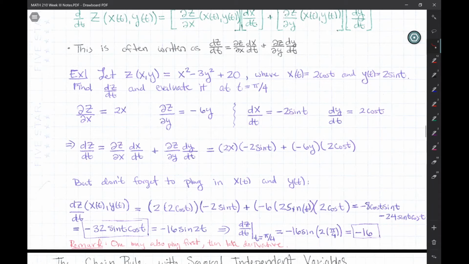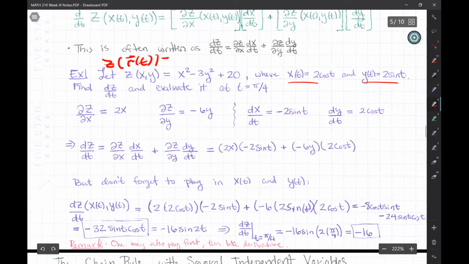Now, this remark down here is telling you that we could have done this problem a different way. Instead, we could have plugged in the path. So we could have just plugged in z of r of t, where r of t, of course, is given with this x of t and y of t.